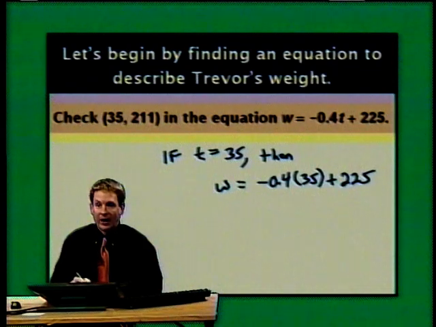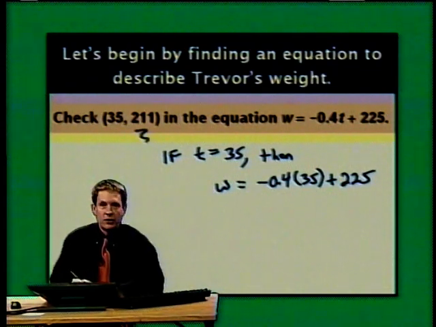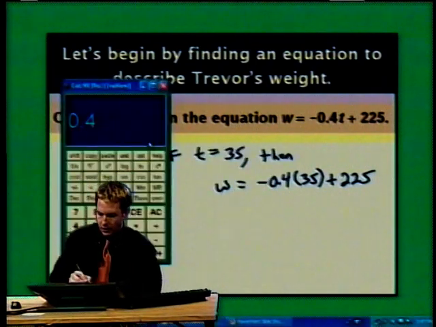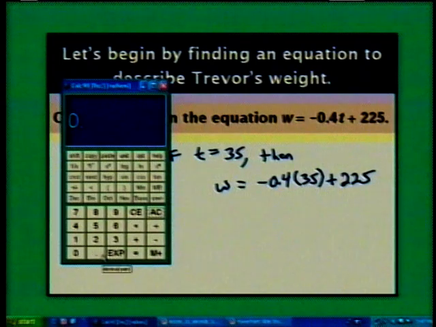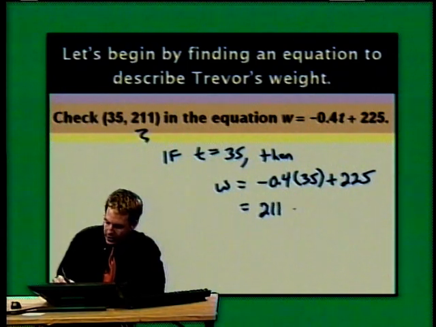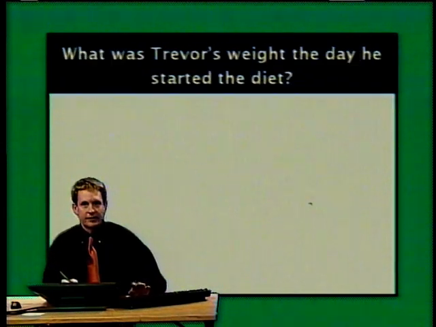Let's get out our calculator and make sure that this arithmetic simplifies to 211. So I'm going to take 0.4, turn it into a negative, multiply by 35, and add 225. I end up with 211. That's what I wanted to end up with. My equation works. Now let's answer our questions.